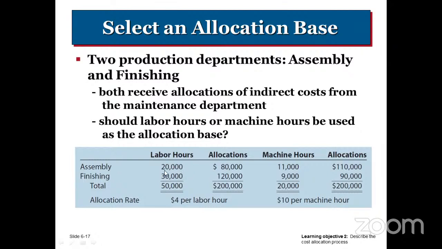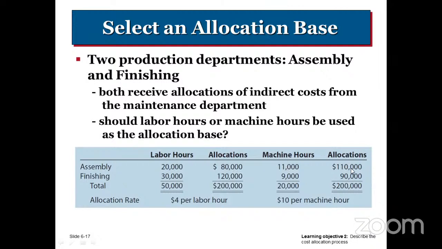Of course, you will not come up with the same amount of allocation. In total, you will see the same: the total cost maintenance gives to them is 200,000. But if you look at the allocation, it is different. Using labor hours, you will have 80,000, but using machine hours, you have 110,000.